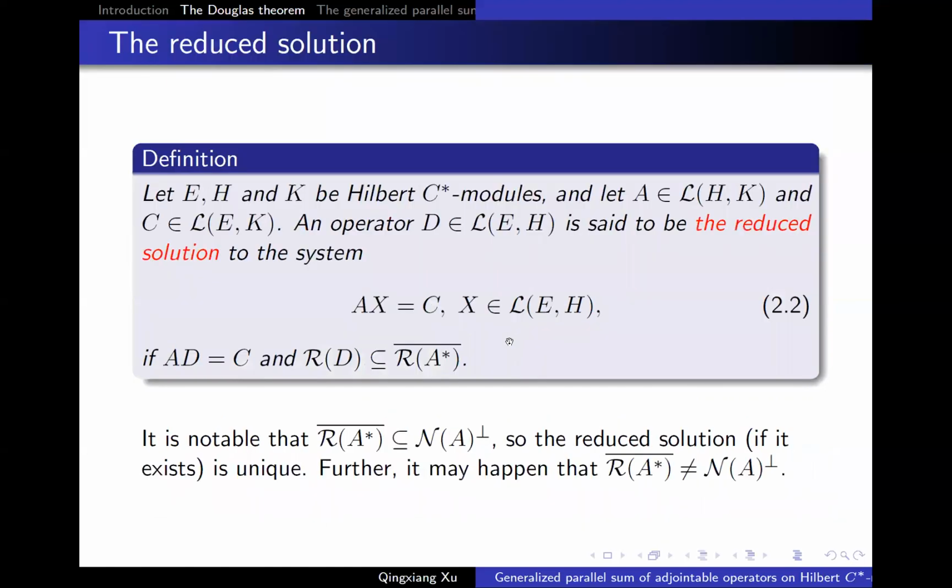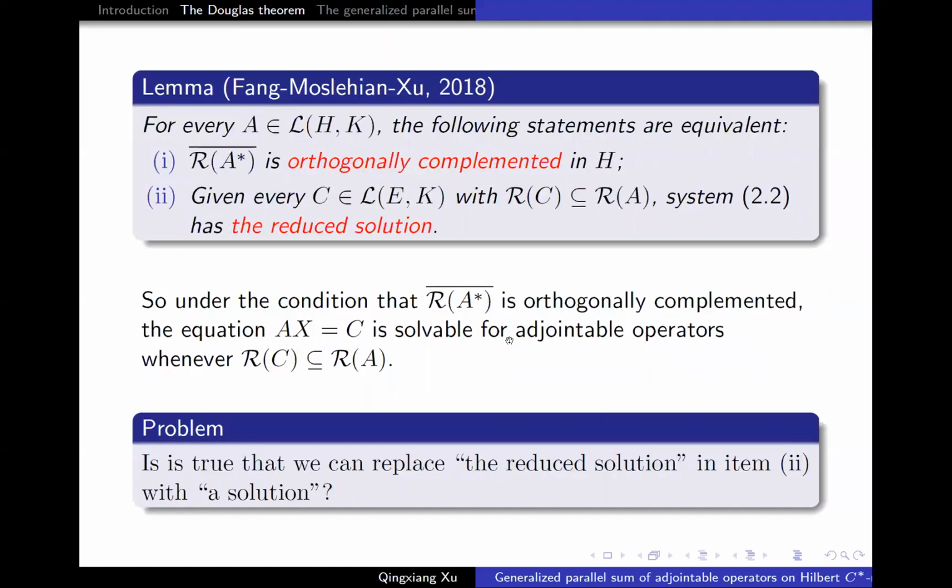So on the condition that the closure of the range of A star is orthogonally complemented, the equation AX equals C is solvable for every adjointable C whose range is contained in the range of A. So roughly speaking, if we want to use the Douglas theorem, we need an additional condition so that this condition will be satisfied.